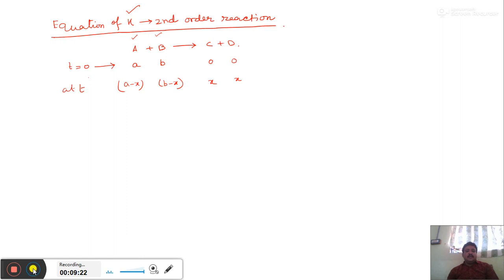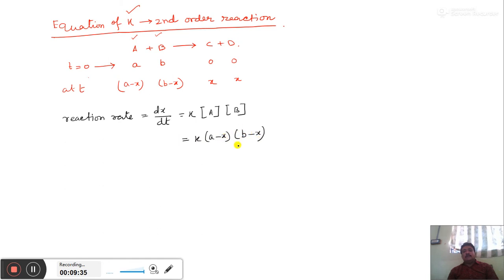Now the reaction rate dx/dt is equal to k into the molar concentration of A into the molar concentration of B. So k into (a minus x) into (b minus x), or dx by (a minus x) into (b minus x) is equal to k into dt.